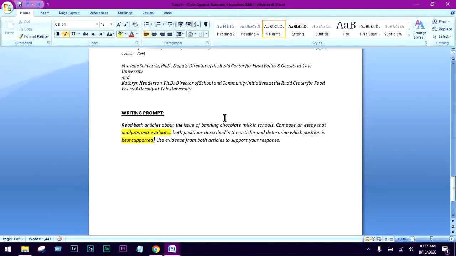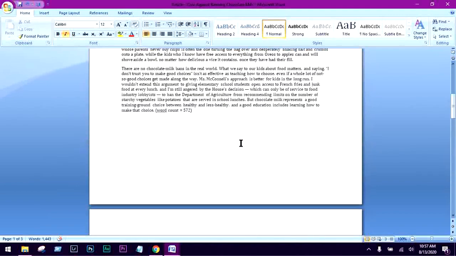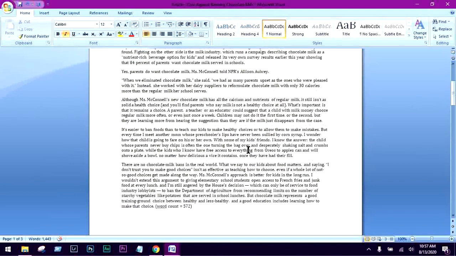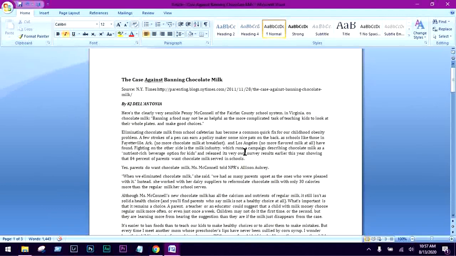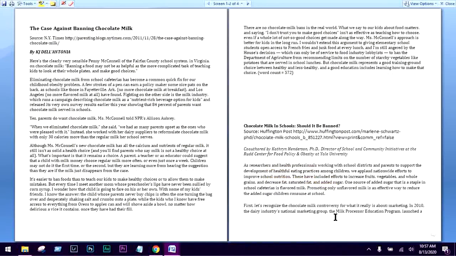I'm gonna teach you a very simple technique on how to do this. For the meantime, let me see if I can do a full screen here. If you can download the PDF file, I'm gonna leave this on the screen. You can pause it while you read these two sources, two articles.